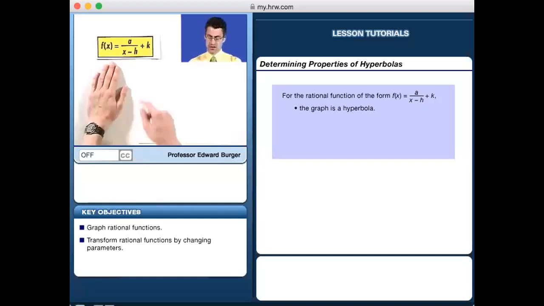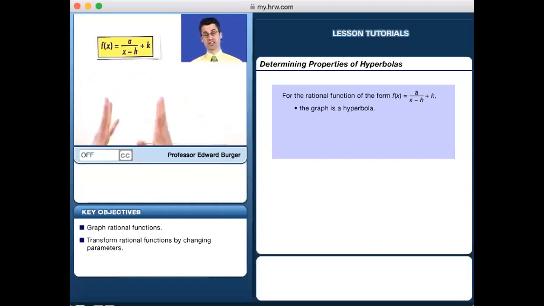F of x equals some constant divided by x minus h plus k. And let me say that just looking at this, I can identify a whole bunch of parts, and I want to share them with you.